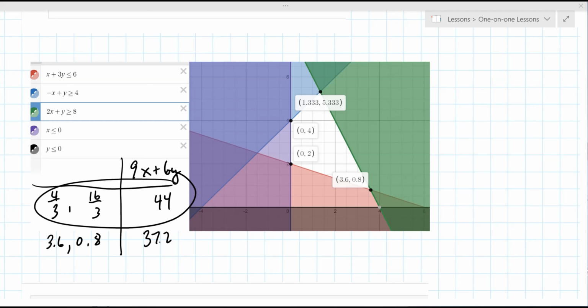Okay, so this one says that they used Excel Solver, which is totally reasonable to do, but maybe not in your class. So I guess that's where I want to leave you.